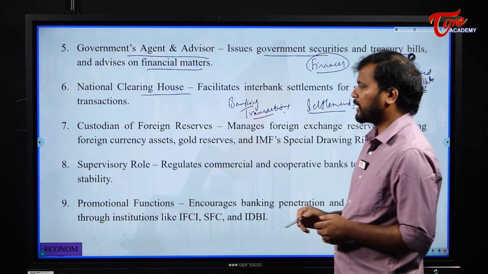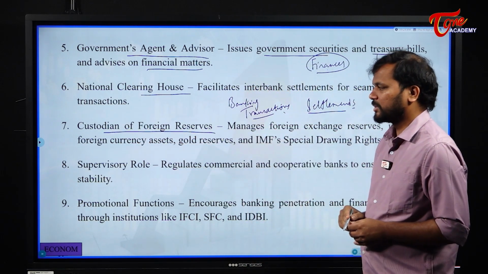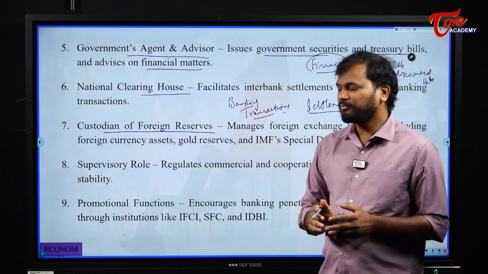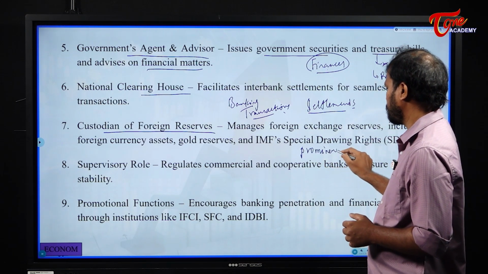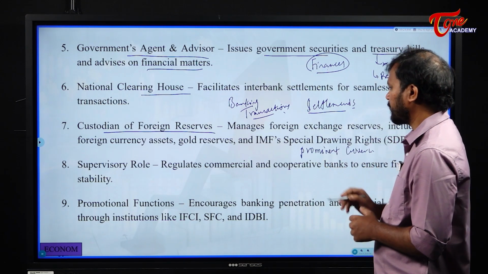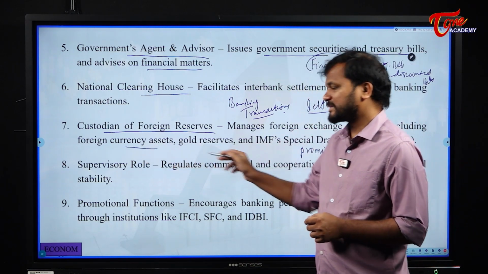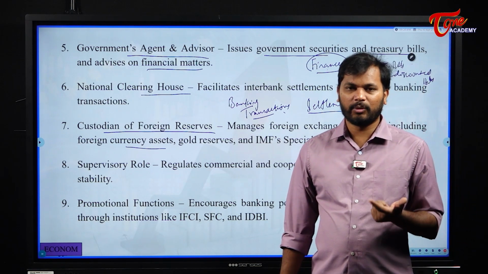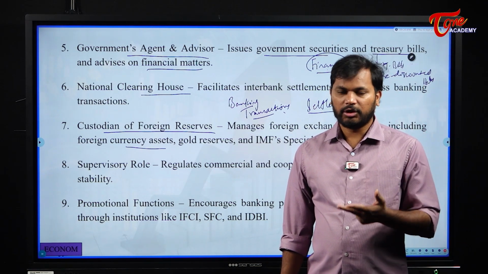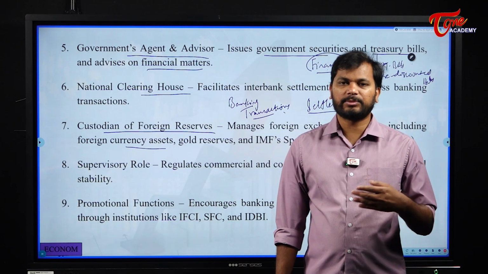Clear? Next, the custodian of the forex reserve or the foreign reserves. The foreign reserves in the form of currency assets, like the most prominent currencies like the yuan, the dollar, euro, etc. Why do we call them the most prominent currencies?